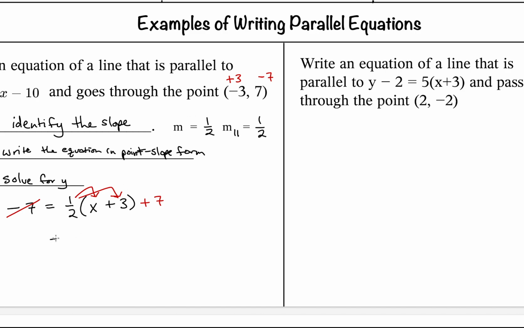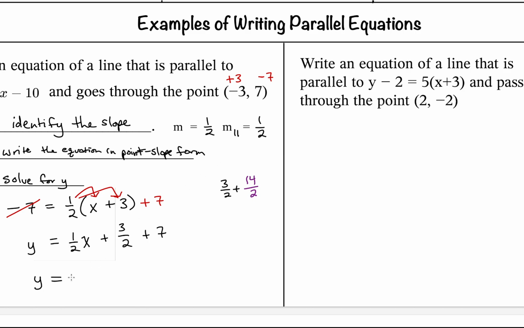We're going to have y equals 1/2 of x plus 3/2 plus 7. We'll finish this out. 3/2 plus 7: we change 7 to 7 over 1, and make this 14 over 2.